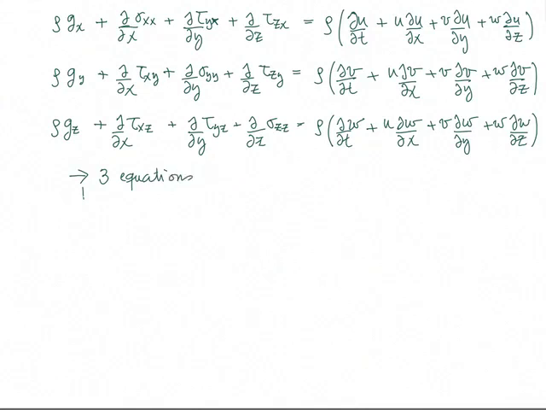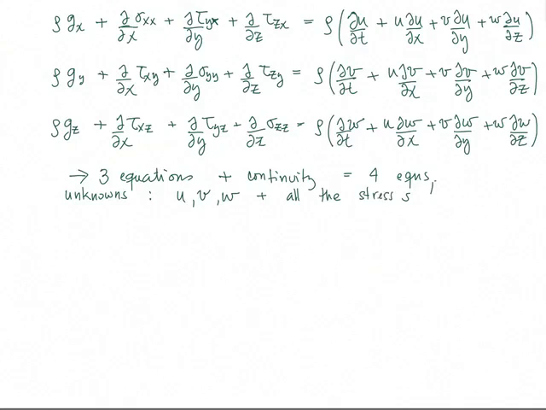And notice that with continuity we have in total 4 equations, but the unknowns are, let's see, the 3 components of velocity, u, v, w, and all the stresses. So obviously we need more information.